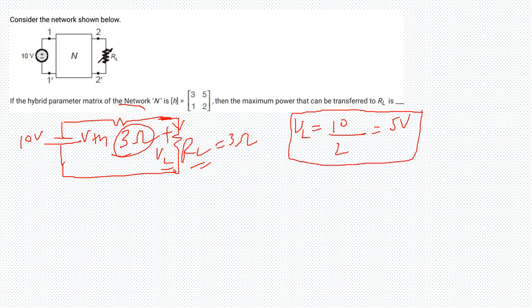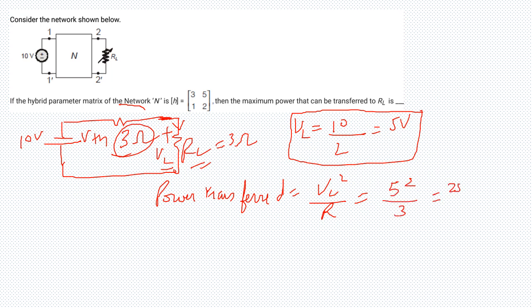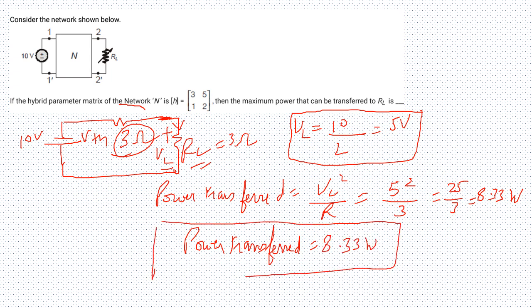Power transferred is VL squared over R, so 5 squared over 3, which is 25 by 3, or 8.33 watts. So the power transferred is 8.33 watts. This is how you can solve this question. Thanks for watching.